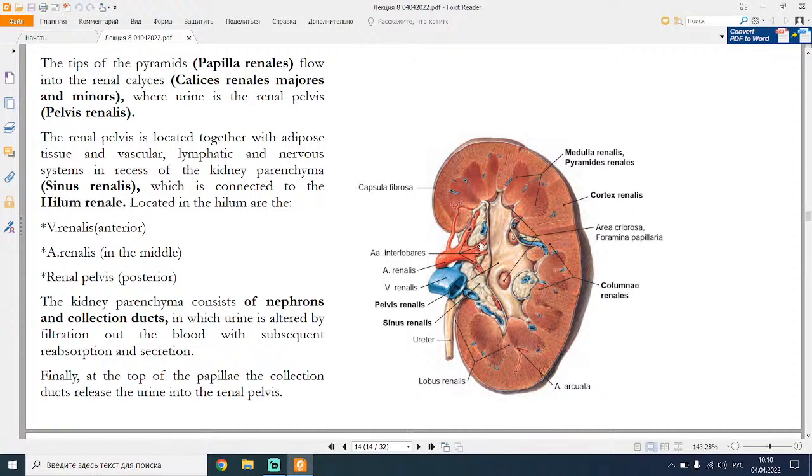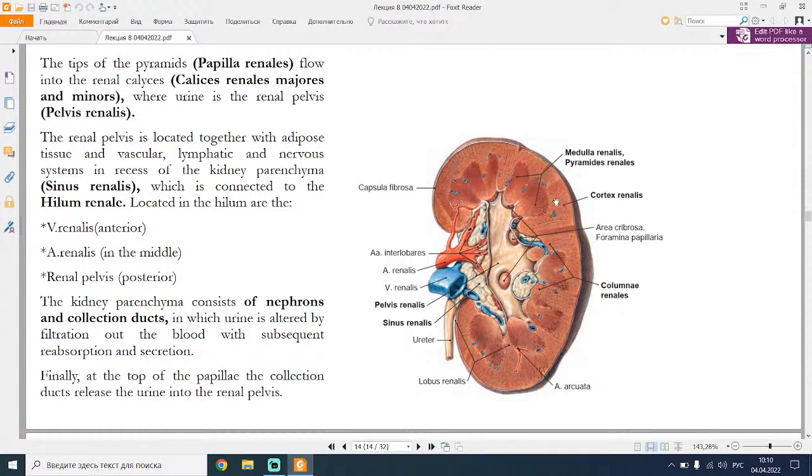Located in the hilum are vena renalis anterior, arteria renalis in the middle, and renal pelvis posterior.